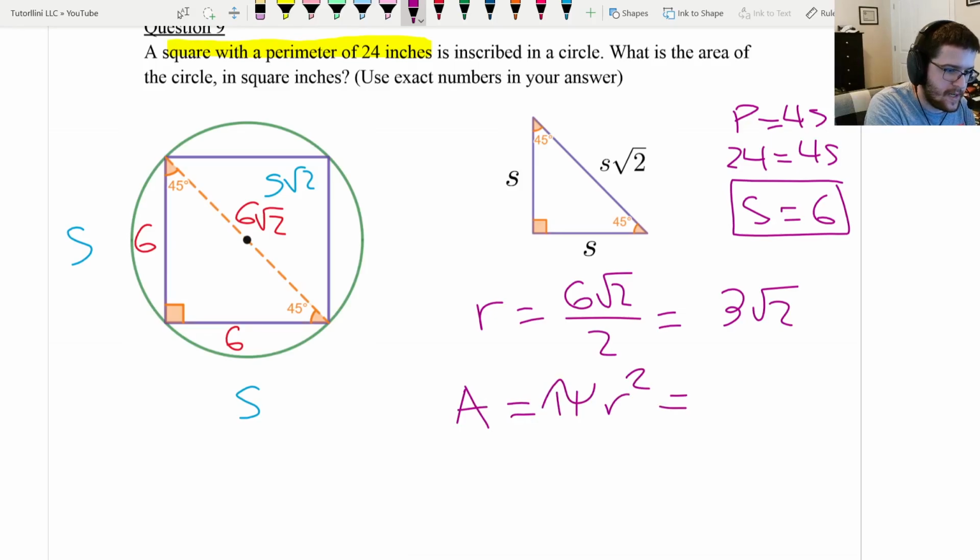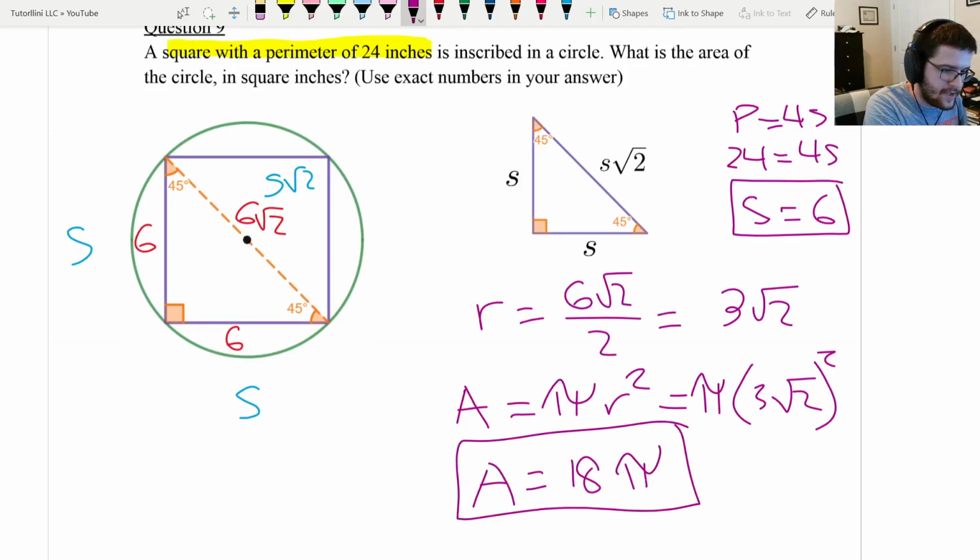So we can do pi times 3 root 2 squared. And 3 root 2 squared is 18. So the area would be 18 pi square inches. The area of the circle.